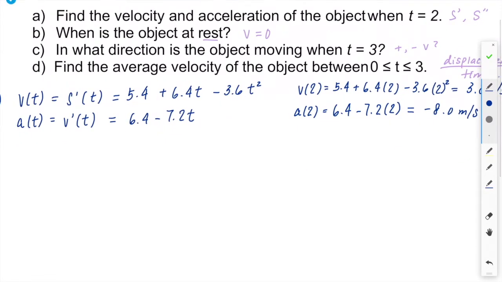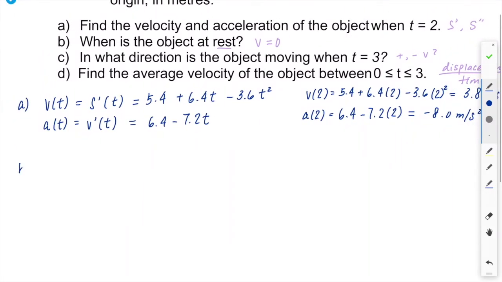B, when is the object at rest? This time we're going to set v of t equals 0. v of t is a quadratic, so 5.4 plus 6.4 t minus 3.6 t squared equals 0.